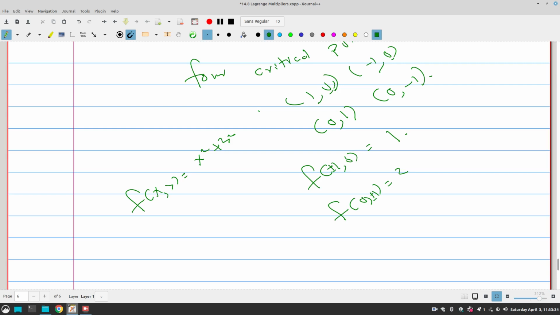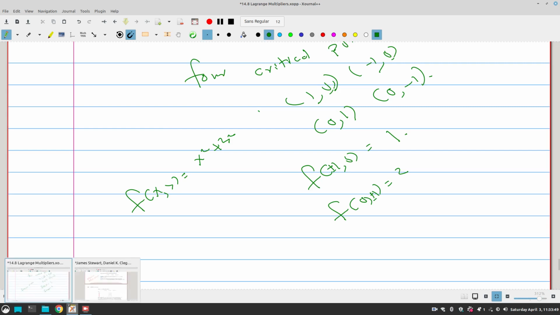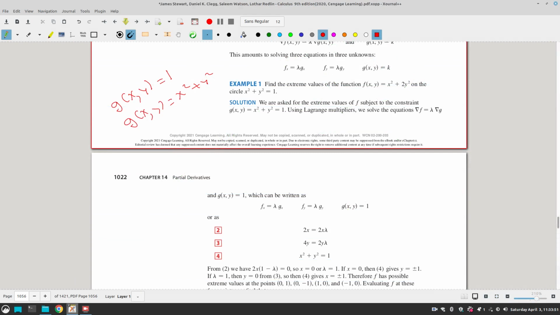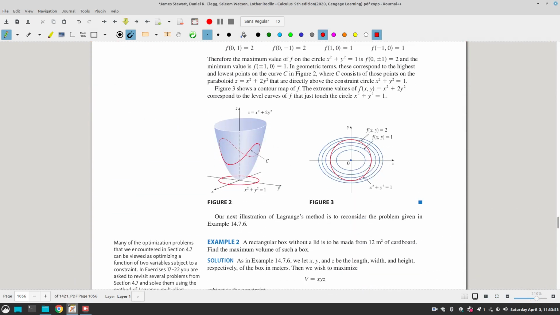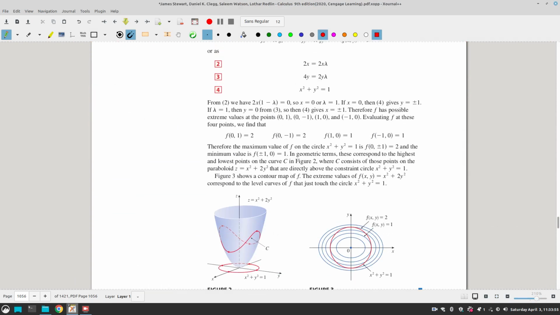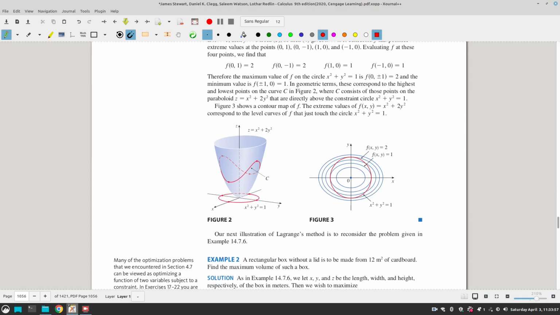Now let's look at this diagram here. This was the constraint: x squared plus y squared equals 1. And this is a paraboloid, x squared plus 2y squared.